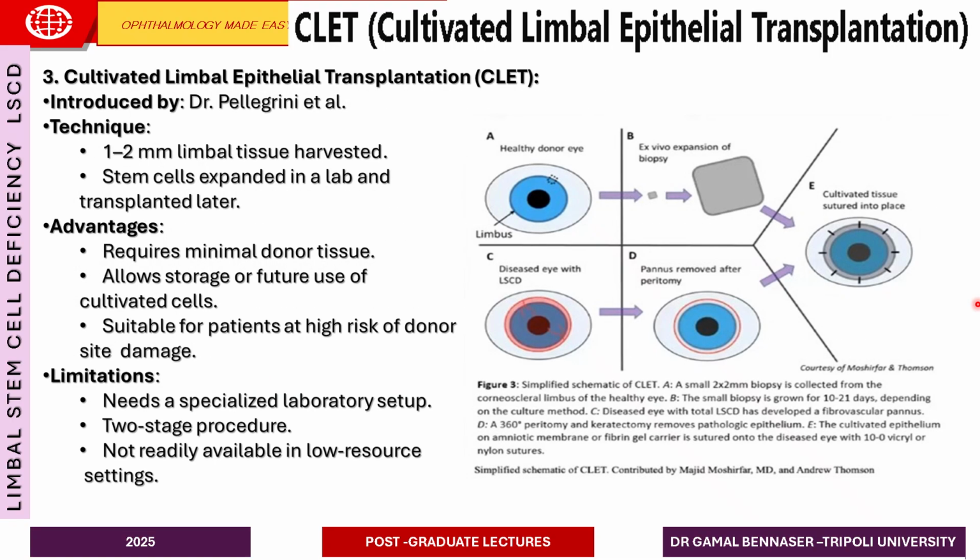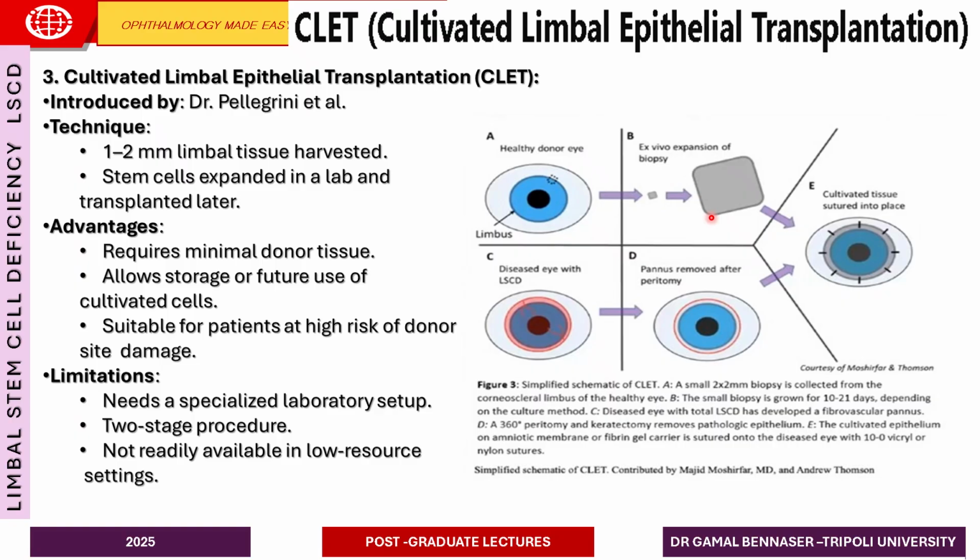Now, this is a diagrammatic representation of the procedure. This is the normal eye, the donor eye, and this is the diseased eye. In the diseased eye, we perform a 360-degree peritomy and remove any fibrovascular pannus. And from the donor eye, 1 to 2 millimeters of limbal tissue is harvested. And these harvested stem cells are expanded in the laboratory on an amniotic membrane sheet or on a fibrin substrate.